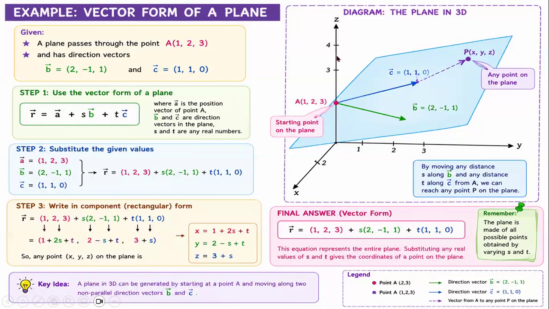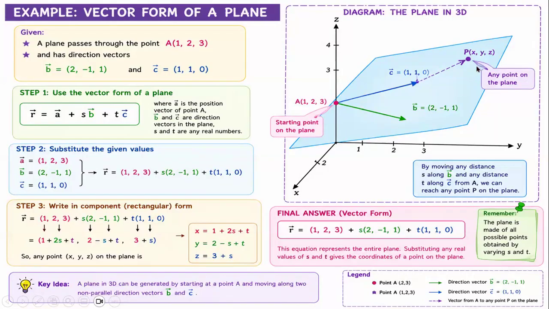So if you look over here, we have a diagram representing the question. It's all color coded again for us to understand better. So the point A is 1, 2, and 3, and we could see where B is and where C is. C here is in blue and B is in green.